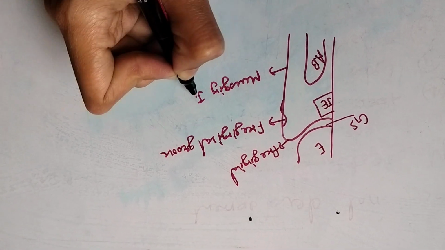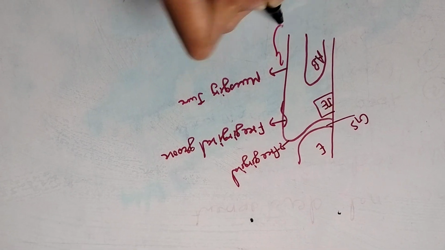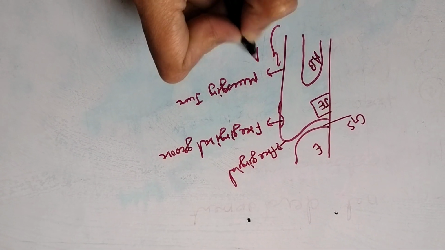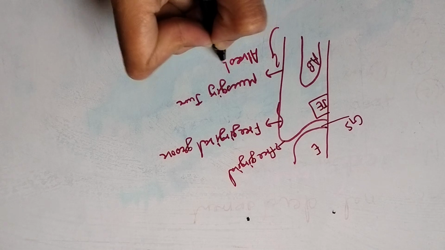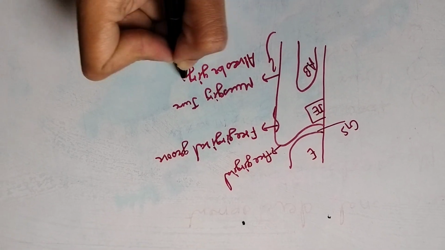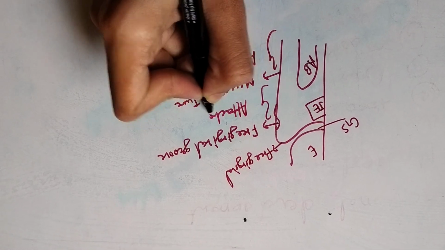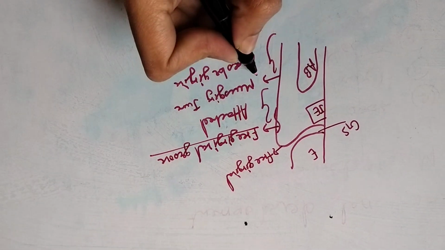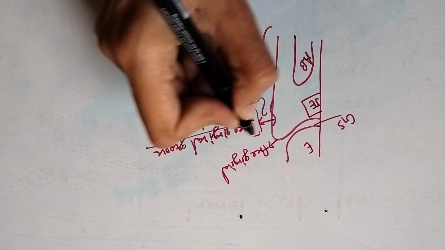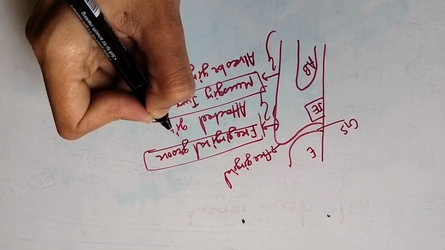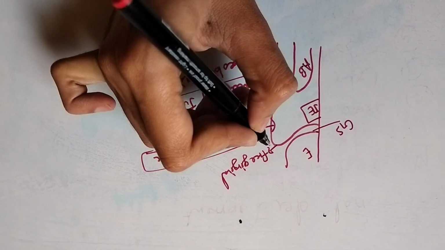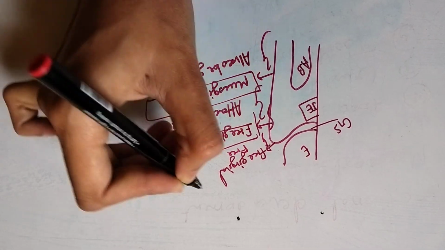Mucogingival junction. Here is the alveolar gingiva. Attached gingiva. Between the free gingival groove and the mucogingival junction, there is attached gingiva. And here is the free gingiva.